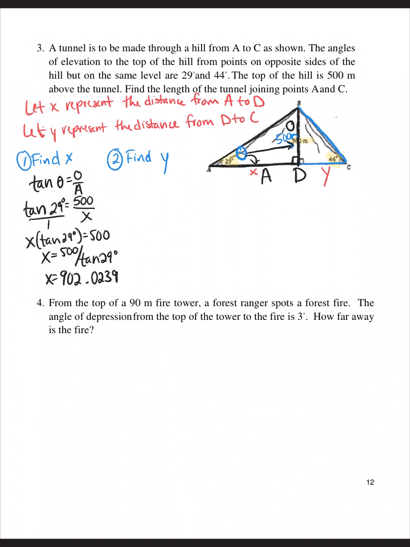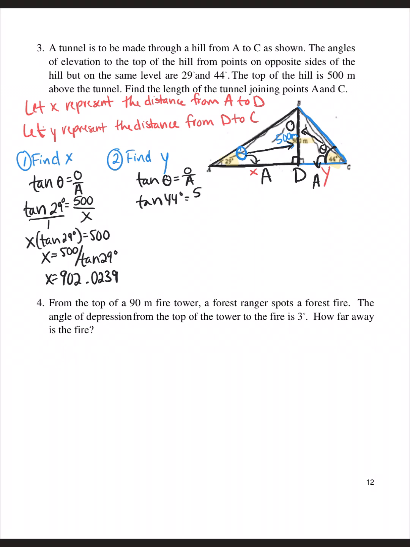So again, if we're finding y, now we're going to look at this triangle over here. This is going to be our new theta. But our sides are essentially the same. That's our opposite side. This side down here would be our adjacent side. So again, we're going to use our tangent ratio. So the tangent of theta is equal to O over A. This time our theta is going to be 44 degrees.